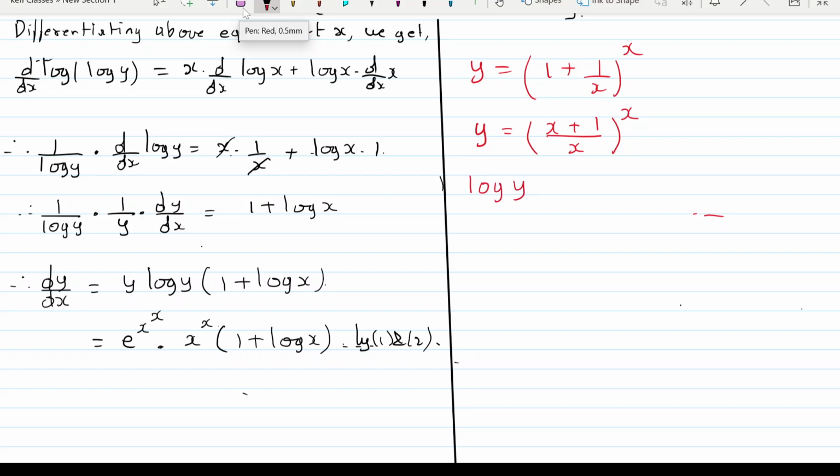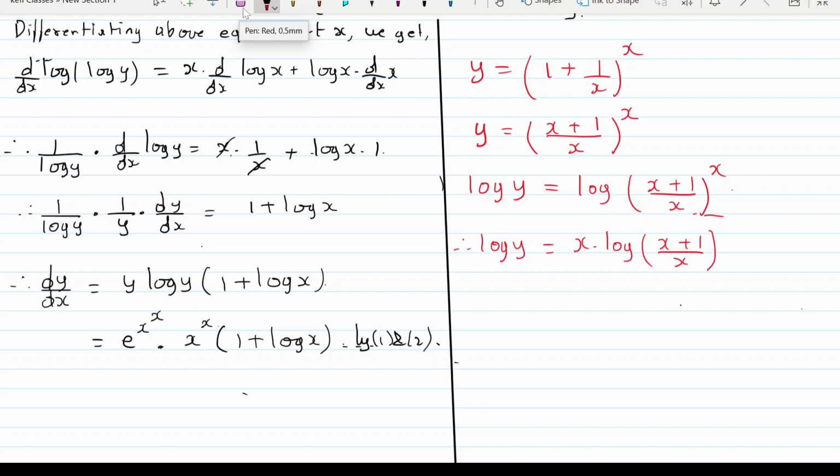Okay, so log y is equal to log of ((x plus 1) upon x) raised to x, and so therefore log y is equal to x into log of (x plus 1) upon x, the same steps, taking log on both the sides, correct, using laws of logarithm, so log a raised to m is m log a.